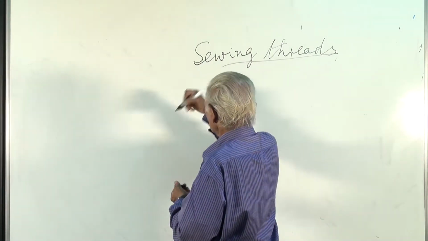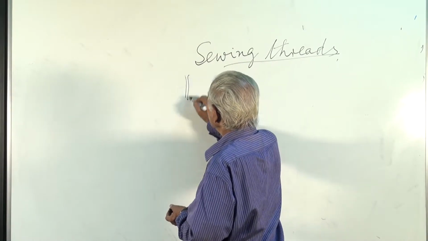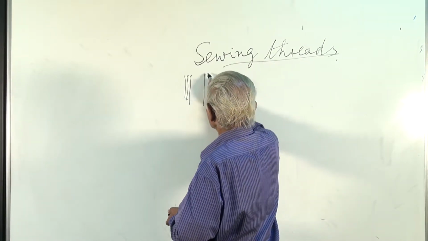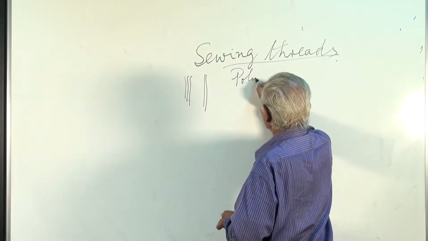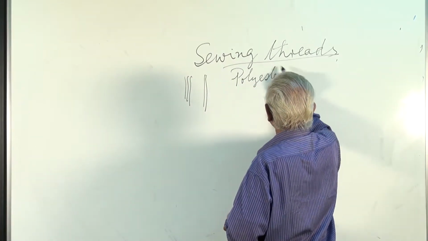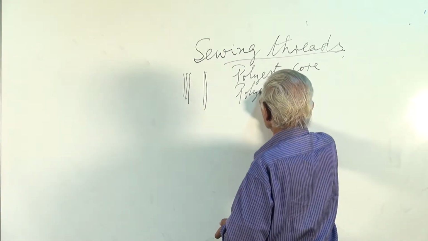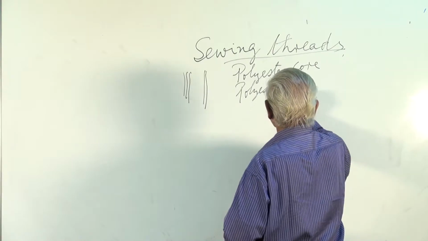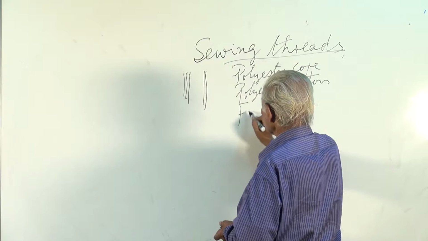The sewing thread is also a textile yarn in the sense that it is made of three components, 3-ply. In some cases 2-ply yarns are used. So we have polyester core yarns, polyester cotton spun yarns, then filament yarns.